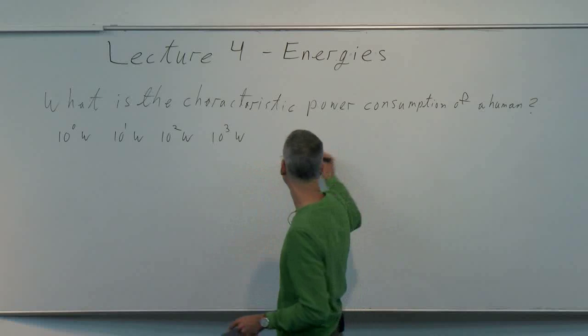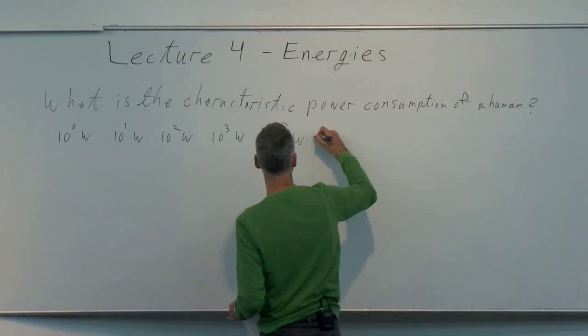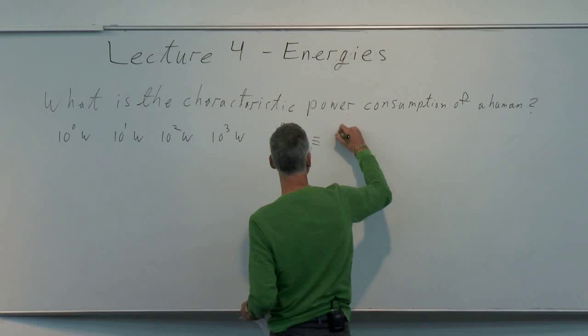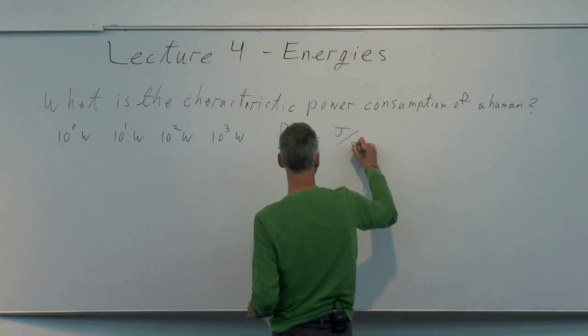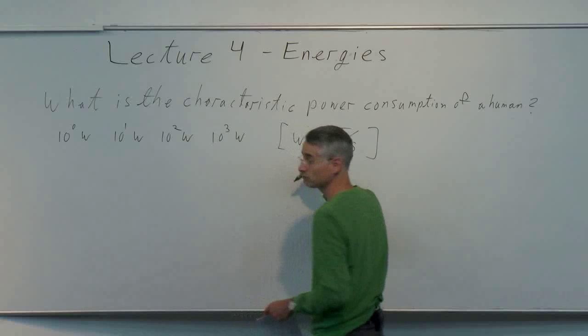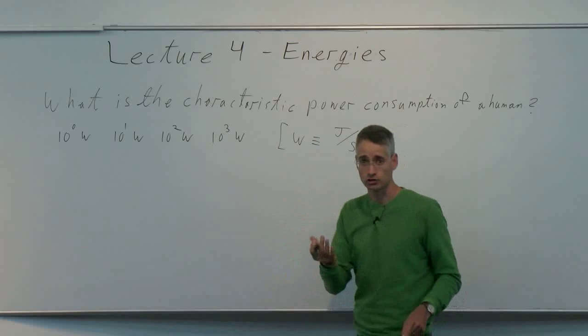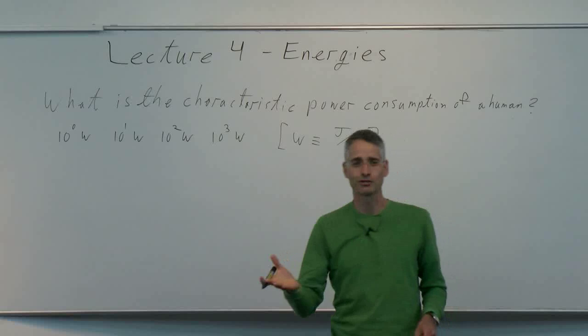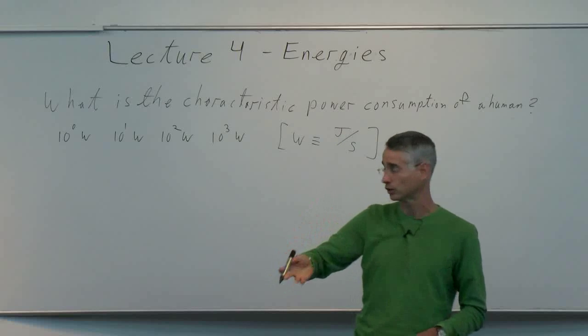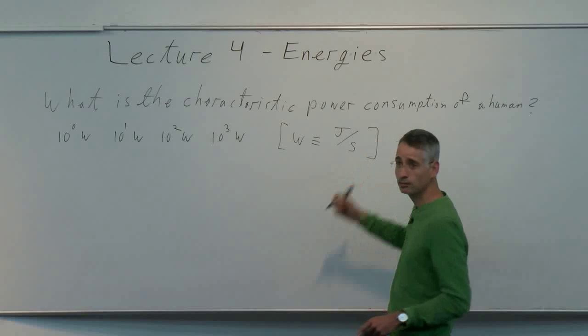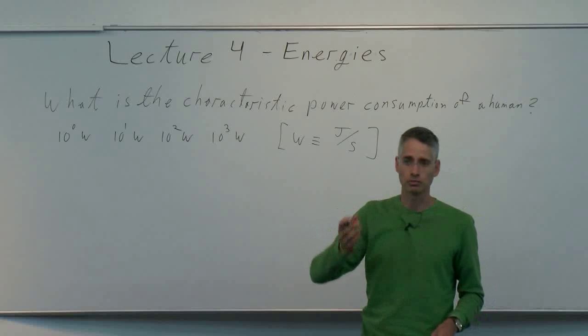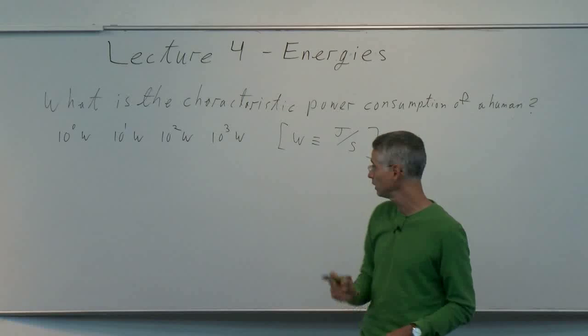Joule per second. Okay, so it's good to remind ourselves that watt, by definition, is joule, which is a unit of energy, per second. And that really tells you that watts is not energy, right? So even though we're in a lecture about energies, right now we're talking about power. That's why I was sure to say power consumption, meaning energy per unit time. Okay?